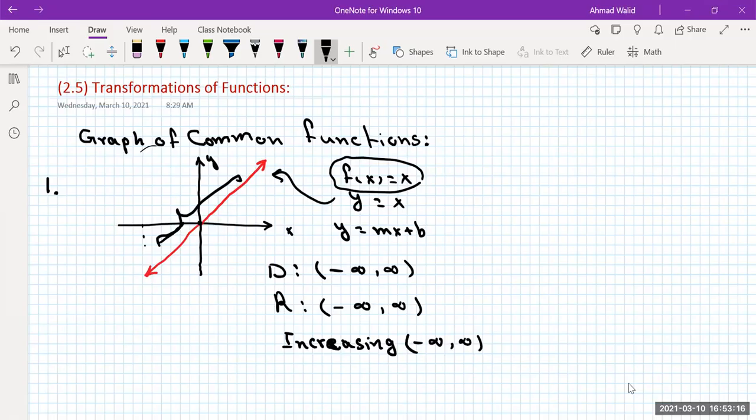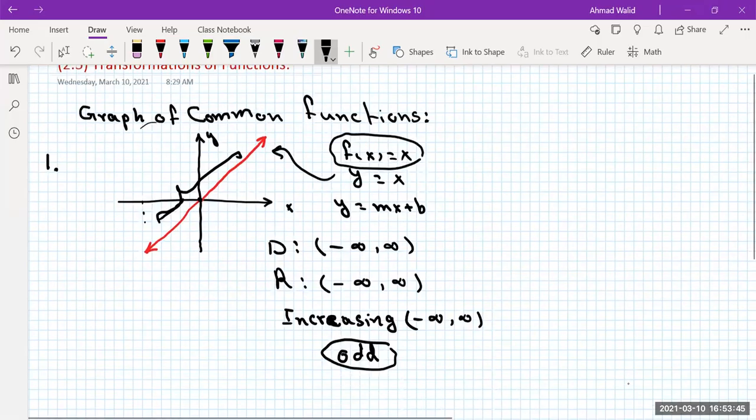Which kind of function is this? It's an odd function. I will not explain again how I know it's odd. If you replace x with negative x, f of negative x equals negative f of x, and because of that, it's an odd function. We already had that lecture, correct?